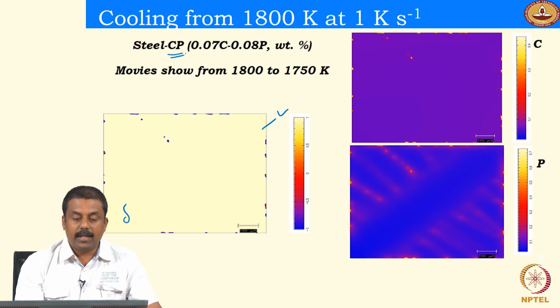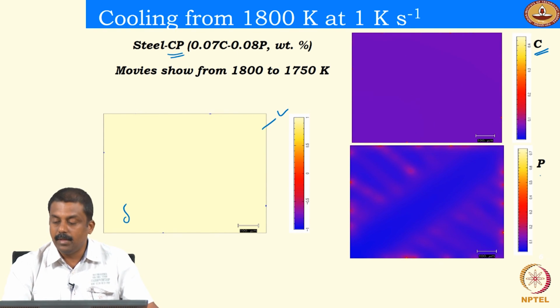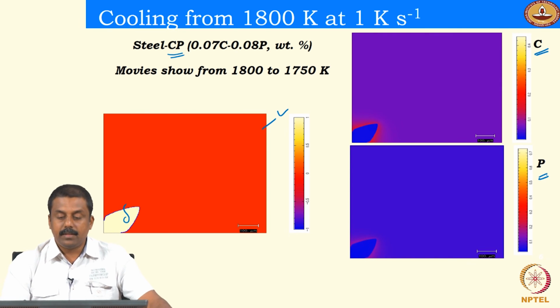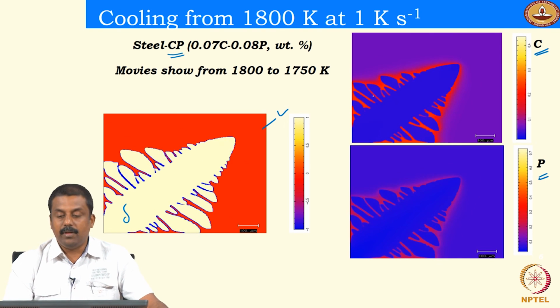And during this process we can also simulate the partitioning of carbon, for example, and phosphorus, and understand how the carbon atoms migrate from the delta ferrite region to the unsolidified liquid.